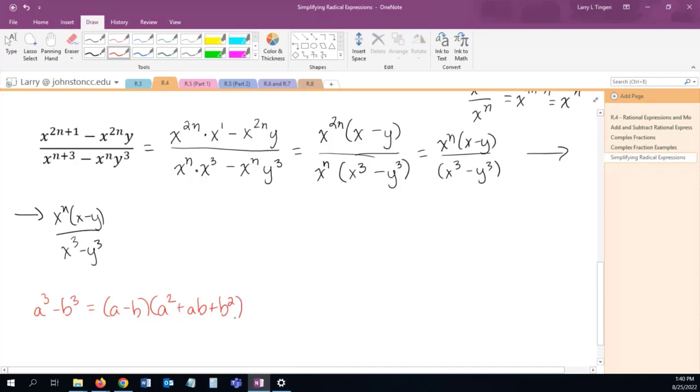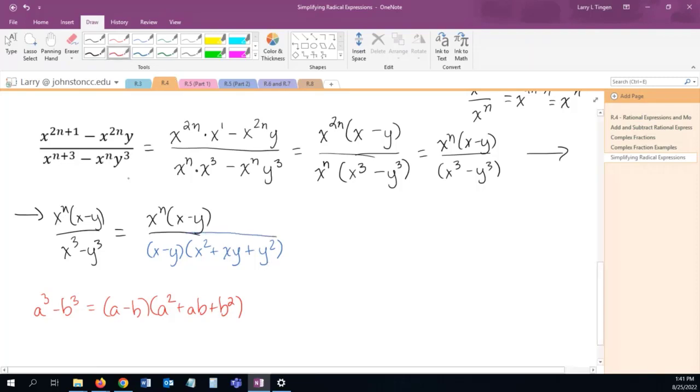This is the thing that I got wrong last time. So the denominator here is not a and b, but it's x and y. Everything matches up. So the denominator is now x minus y times x squared plus xy plus y squared.